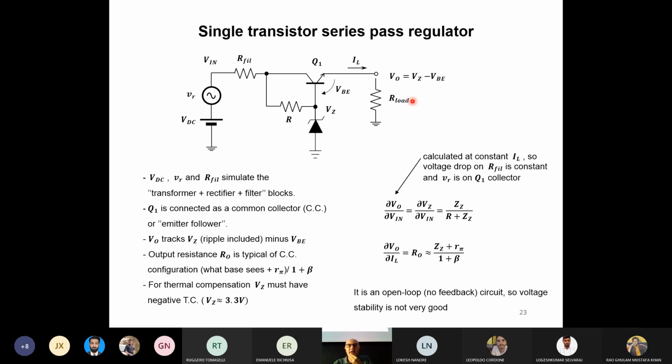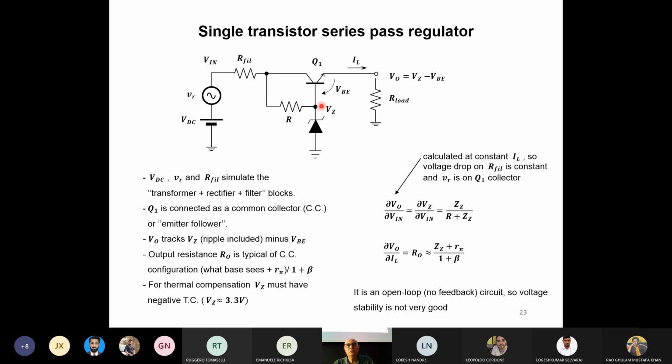The output resistance here should be quite low. If you don't remember the formulas, I invite you to look at, for instance, the Sedra Smith book. For the output resistance of the emitter follower, the common collector, we add the R pi, the input internal base resistance of the transistor, with everything that is connected from the base to the ground.